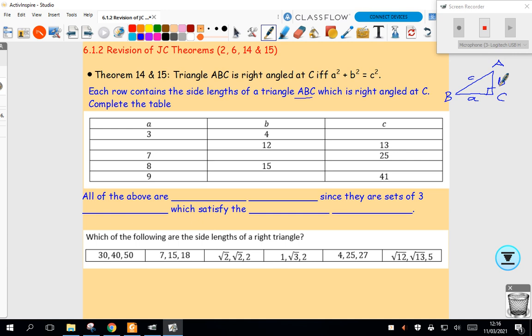Theorem 14 and 15 together, they kind of say triangle ABC is right angled at C if and only if a squared plus b squared equals c squared. So 3 squared plus 4 squared would have to be equal to what number squared? You can work out that that's 5. Each row contains the side lengths of a triangle ABC, which is right angled at C. So C is the hypotenuse here.